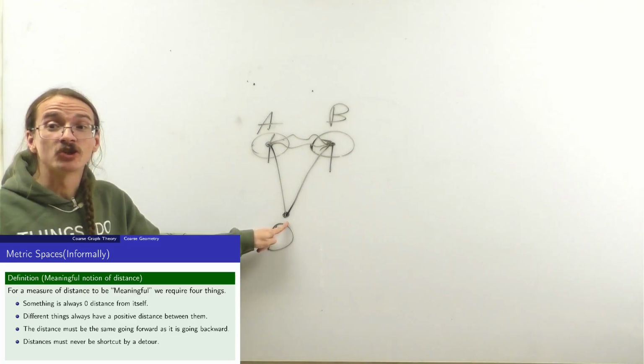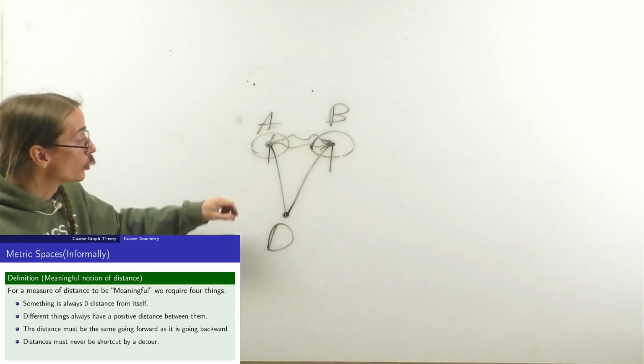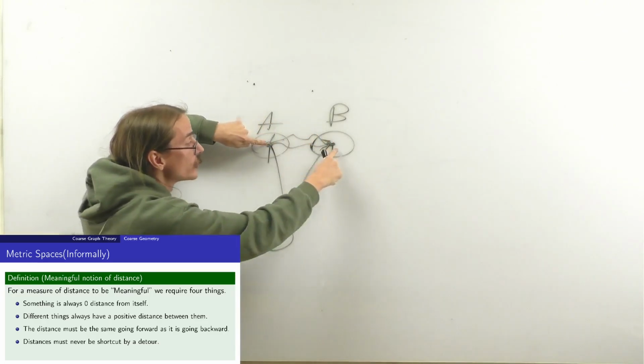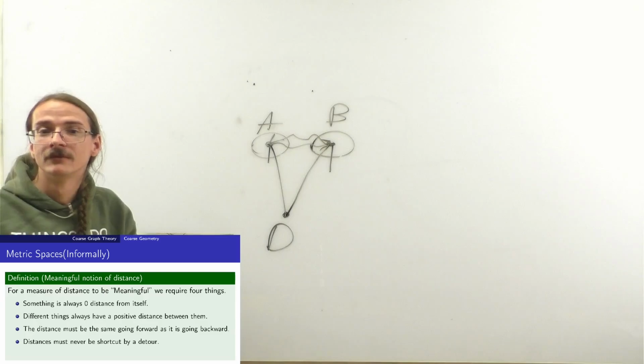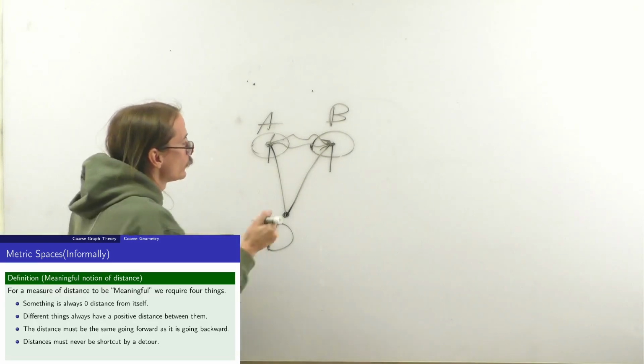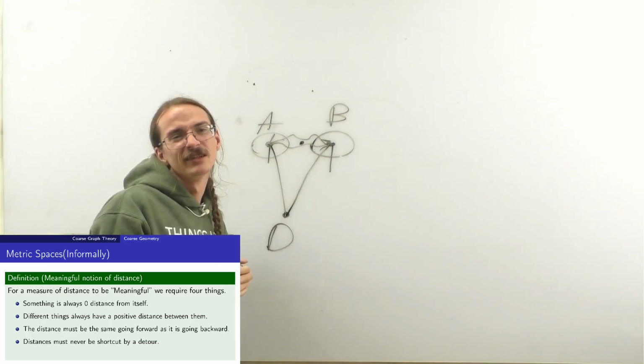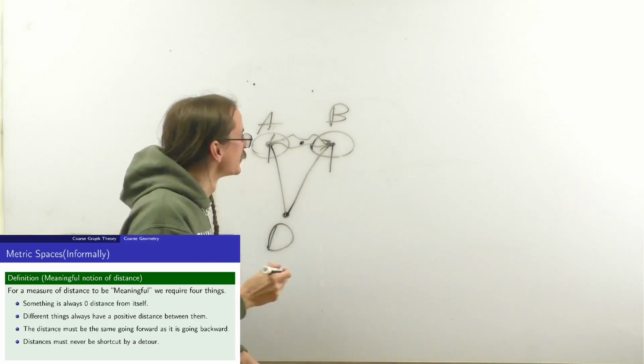I said that can't be a shortcut, right? So doing this and then doing this had better be longer than doing that. Or equal to, if my point D were right here, that wouldn't really be a detour though, would it? Pit stop. Point P.